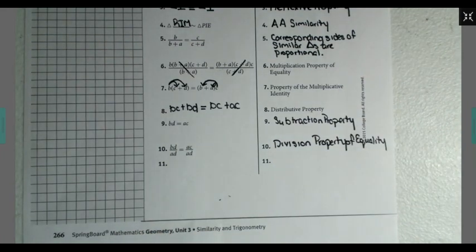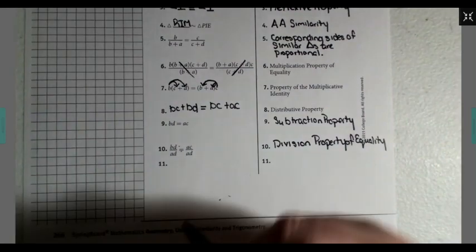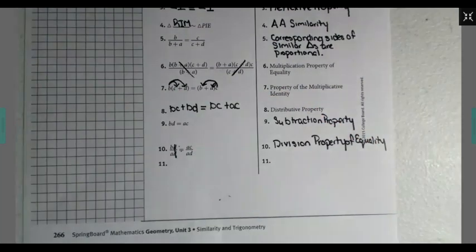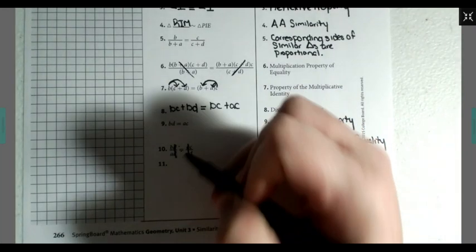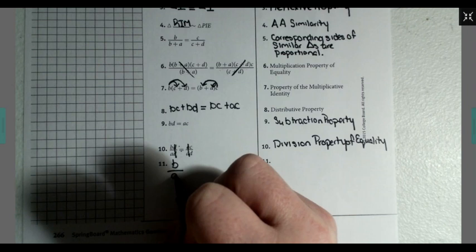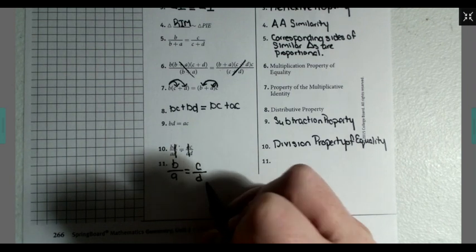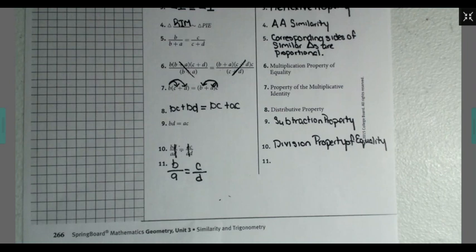Okay. Well, what's in common of this BD over AD? The D's. What's in common in the AC over AD? The A's. So I'm left with B over A equals C over D.